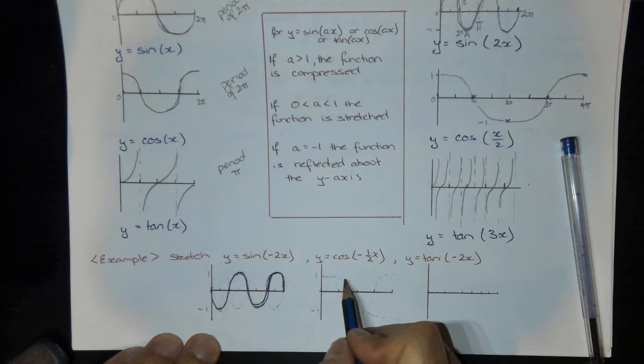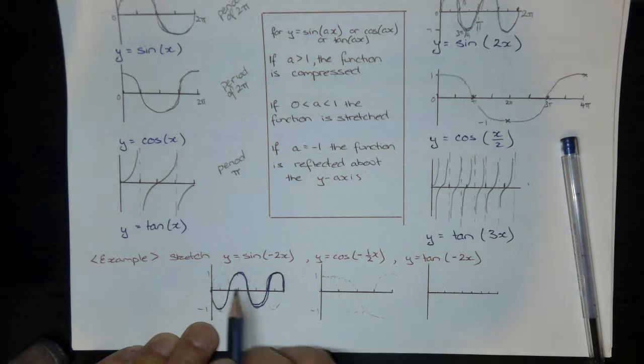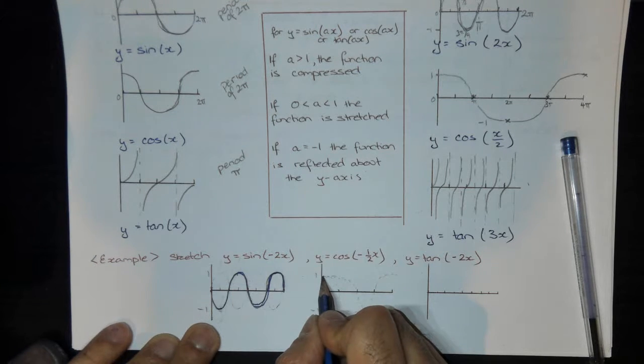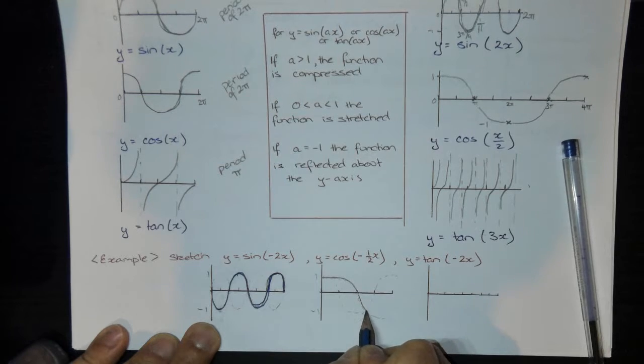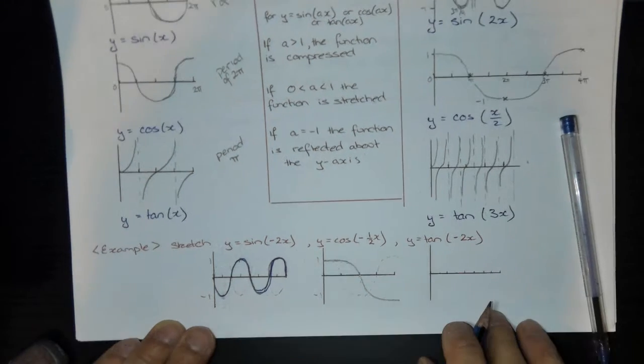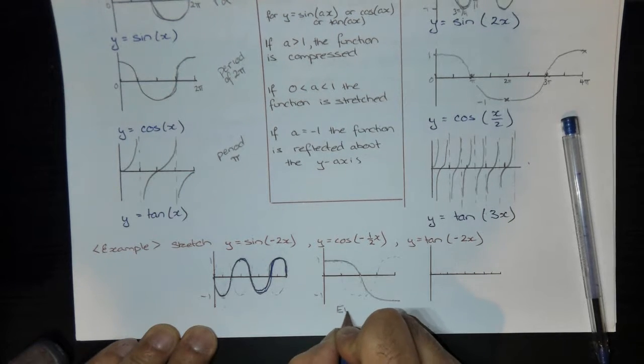Okay, now it's going to reflect about the y-axis. And when we reflect around the y-axis, we actually get the same. Yep. And the reason we get the same is because cos is an even function.